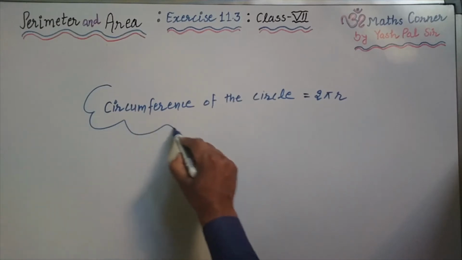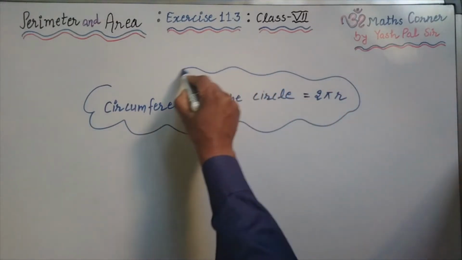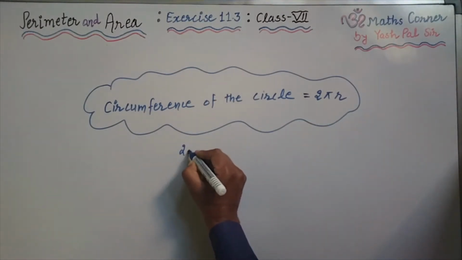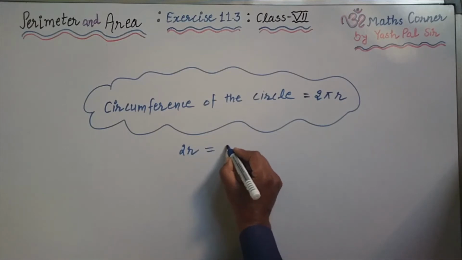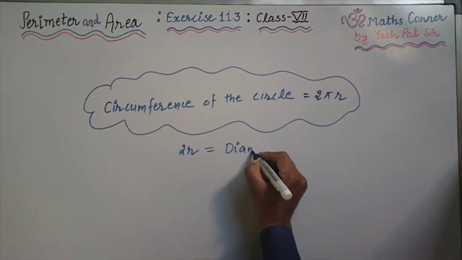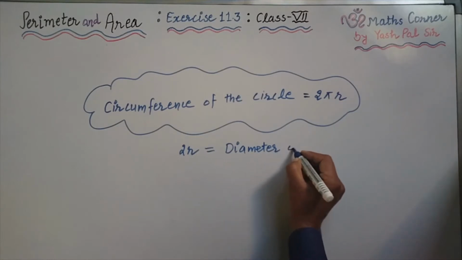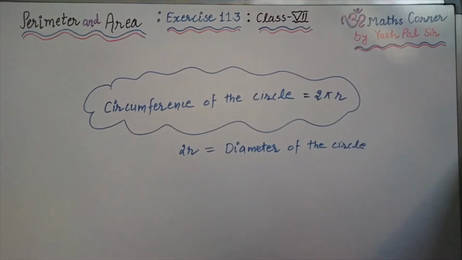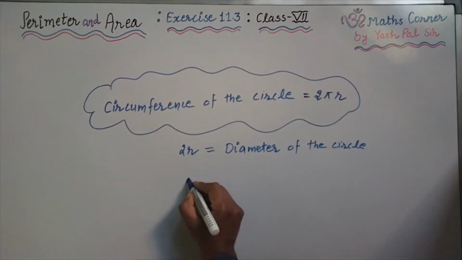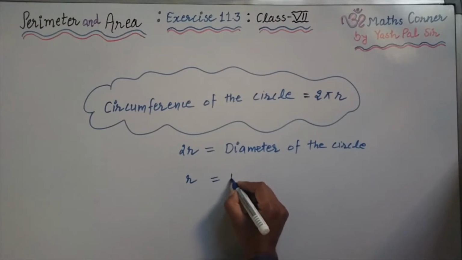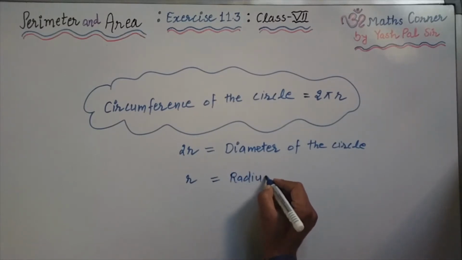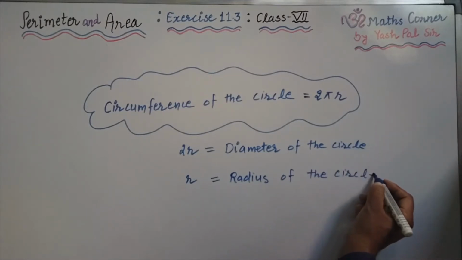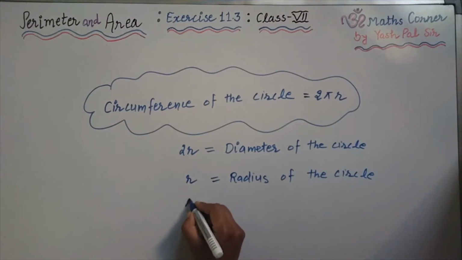Here 2r is called the diameter of the circle, and dividing by 2, r is called the radius of the circle. And what is this pi?